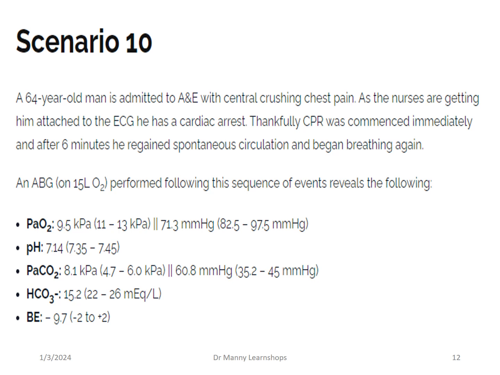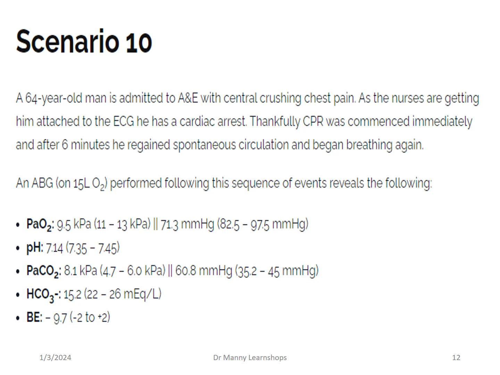When we look at scenario 10, we have a 64-year-old male who's admitted to the emergency and accident department with central crushing chest pain. The nurses are getting him attached to the electrocardiograph and he suddenly has a cardiac arrest. CPR was commenced immediately, and after 6 minutes he got a spontaneous return of circulation and began breathing again.